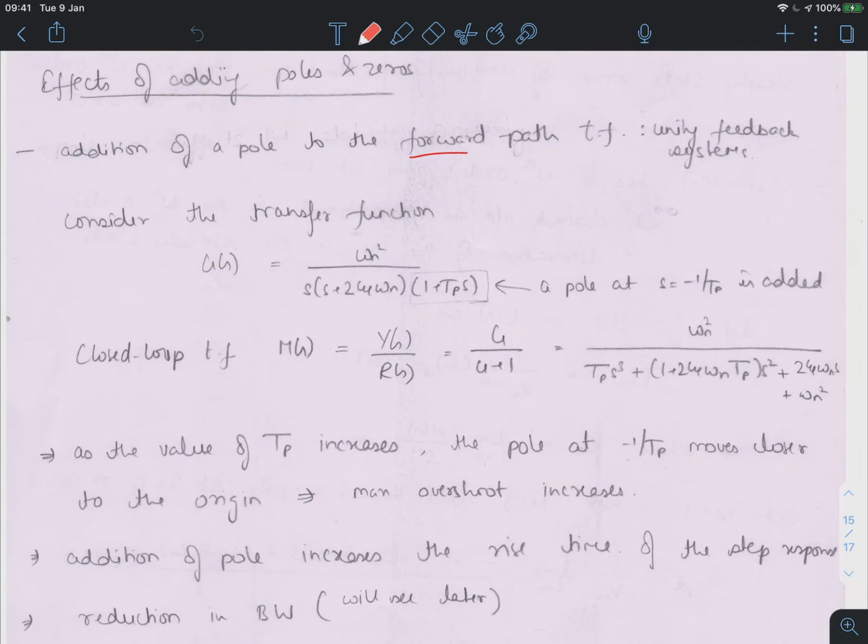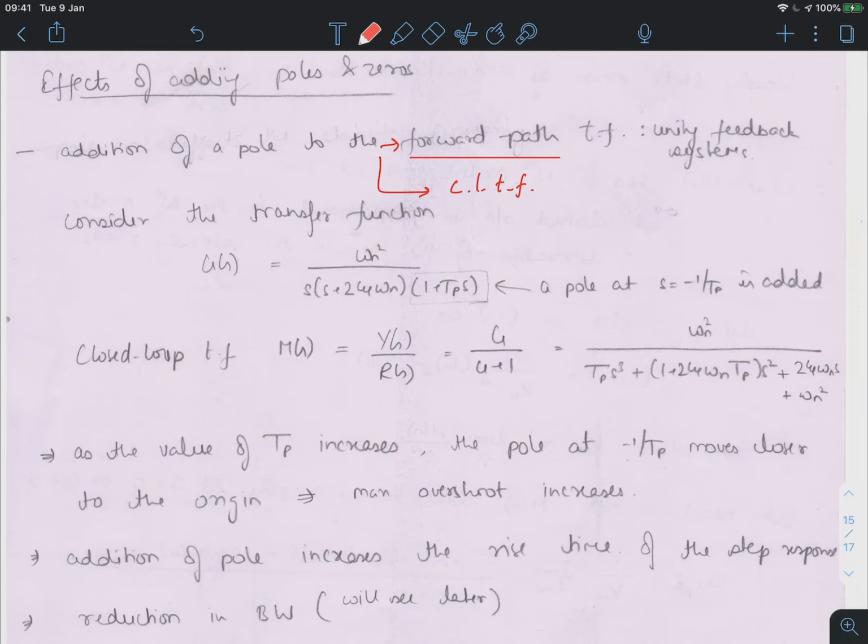First, we will add a pole into the forward path, and then we add a pole to the closed loop transfer function. Okay, these two different scenarios we will see, and we shall also extract how it impacts the transient performance of the system.